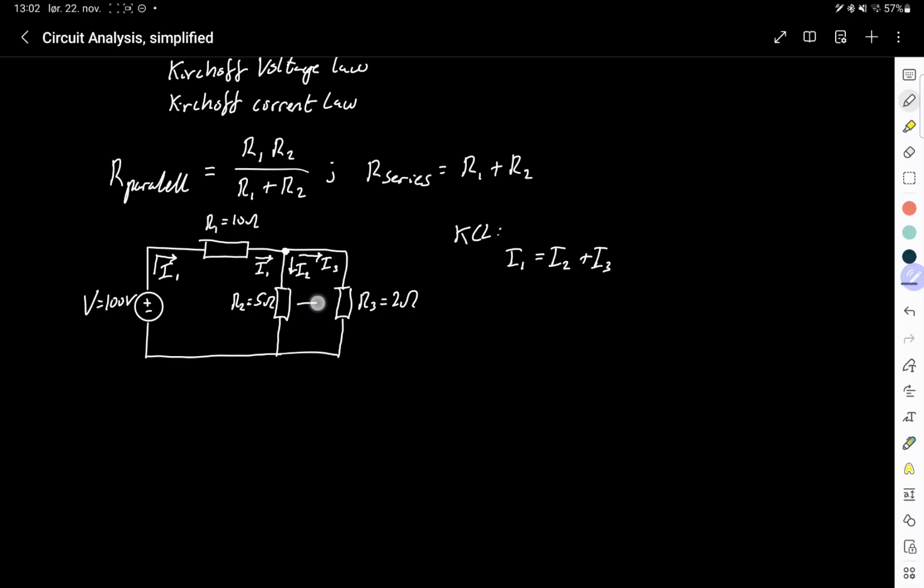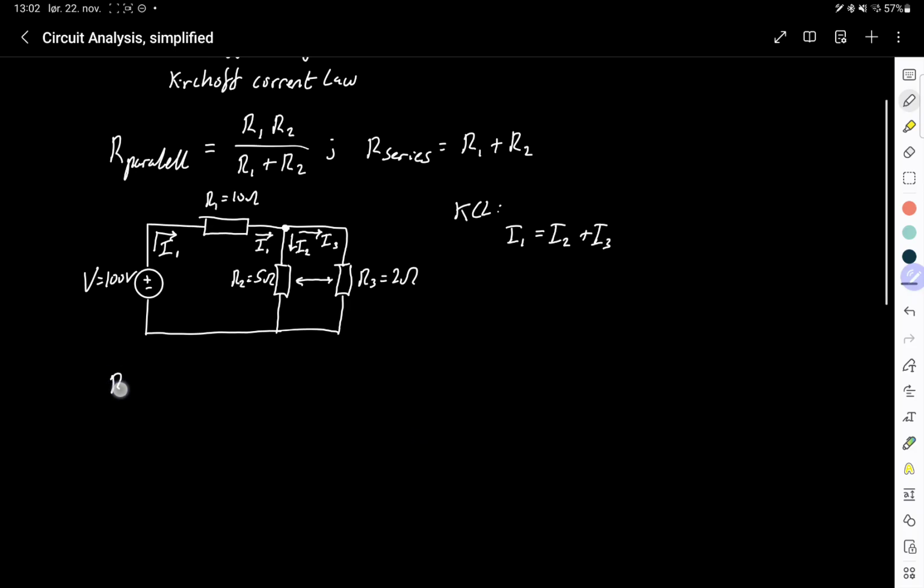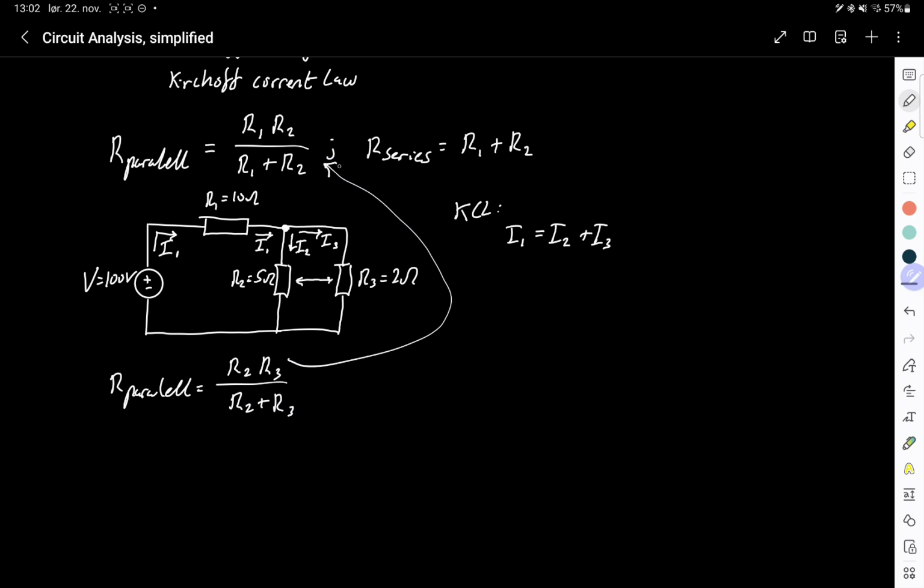So what we're going to do now is combine these two using this. We're just going to say that R parallel will equal R2 times R3 over R2 plus R3. It's just that. Instead of 1 and 2, we've got 2 and 3 because that's what we call them.